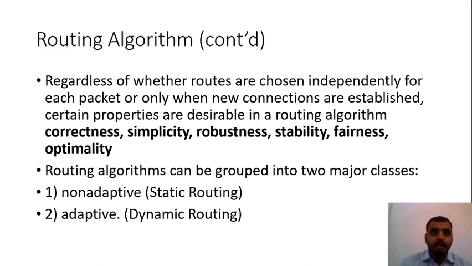Wherever a railway track is laid, that is the only place where the train can move. Whereas adaptive or dynamic routing is like roadways, in which you can move your vehicle from any road. A train cannot move anywhere else, because it has its own track and it should follow that track.